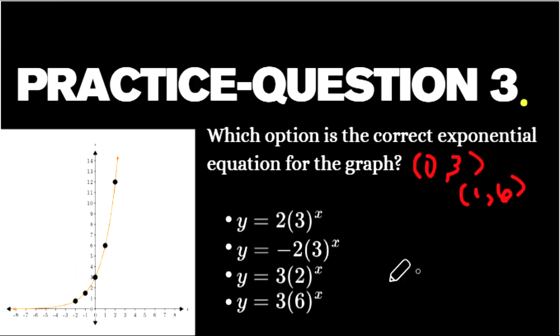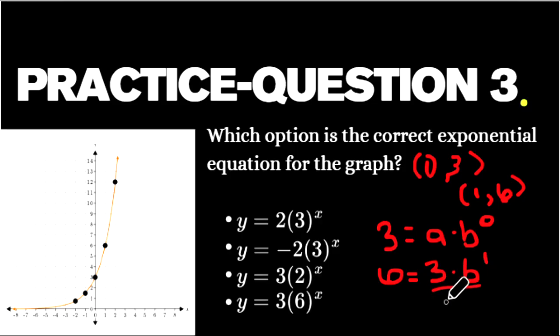Okay. Let's take our formula and we're going to go y, which is 3, equals a times b raised to the power of 0, which ends up being a equals 3. Okay, so now we have our a value. So we're going to go to our second point and we're going to go 6 is equal to a, which is 3, times b raised to the power of 1.